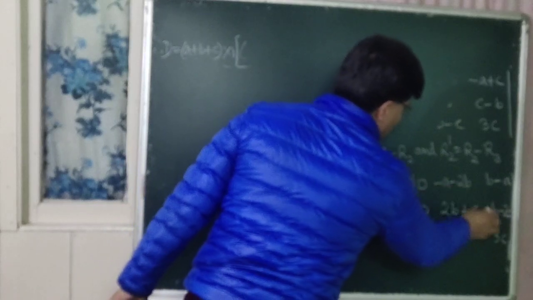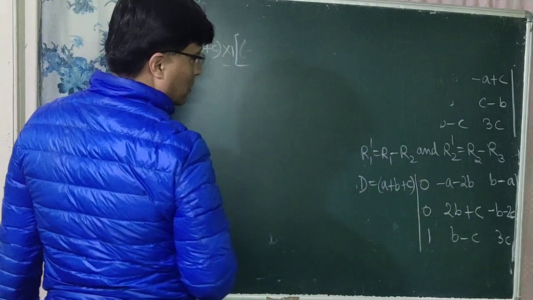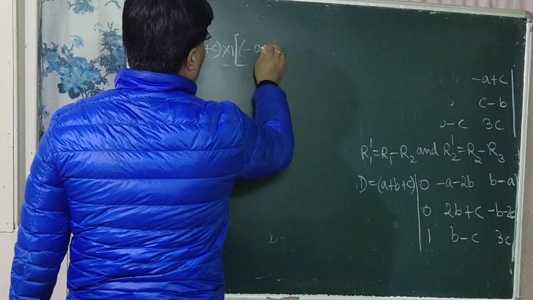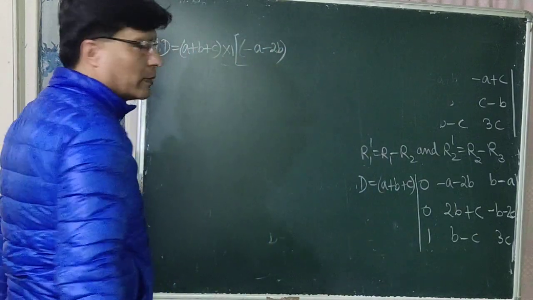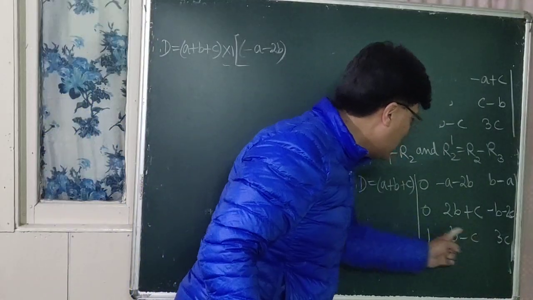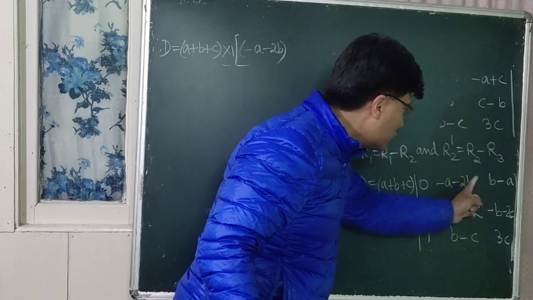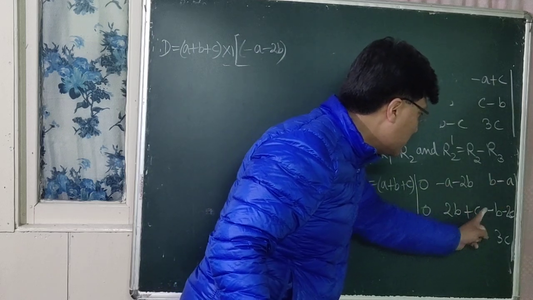Minus A minus 2B should be multiplied by minus B minus 2C. Again, we are considering this one. You have to delete the row and the column through the element 1. That means minus A minus 2B, B minus A, 2B plus C, minus B minus 2C.